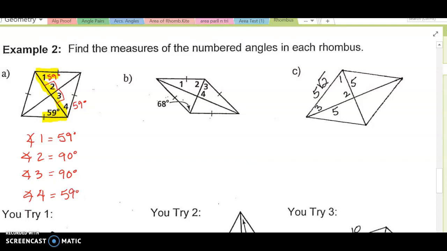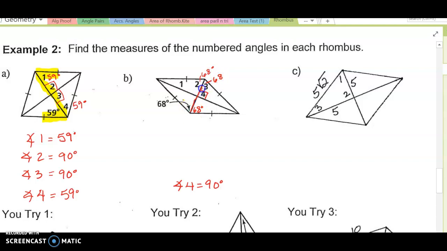All right, so let's look at another one. Again, I like to personally start with those middle angles, which are always 90. I'm going to go ahead and put that angle 4 is 90 degrees. Those are perpendicular. And then from there, I'm thinking about this in terms of congruent triangles. So this is 68 because these two angles are the same. And 2 and 3 are also both 68.